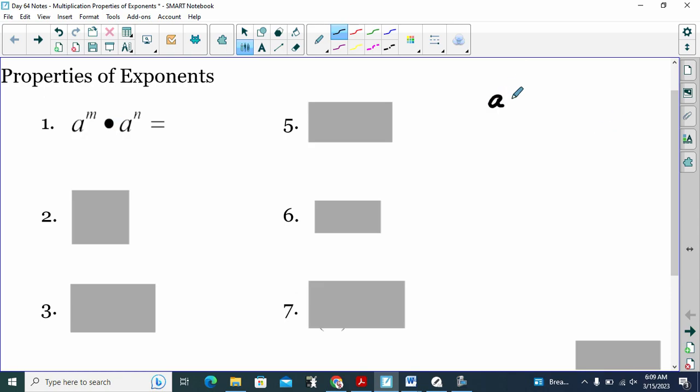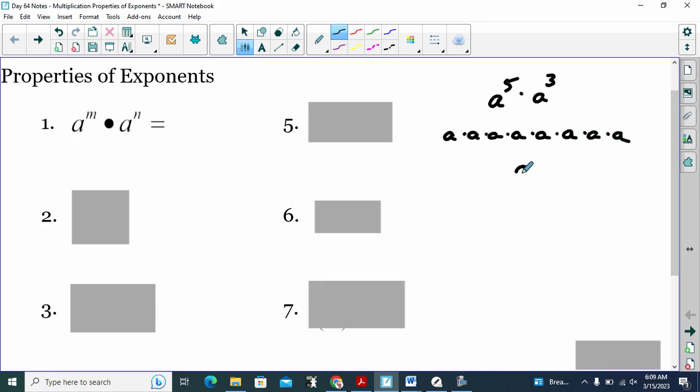Let's go a to the 5th times a to the 3rd. A to the 5th, remember, is a times a 5 times. There's a to the 5th, and a to the 3rd would be a times a times a. I could rewrite this. I have 1, 2, 3, 4, 5, 6, 7, 8.